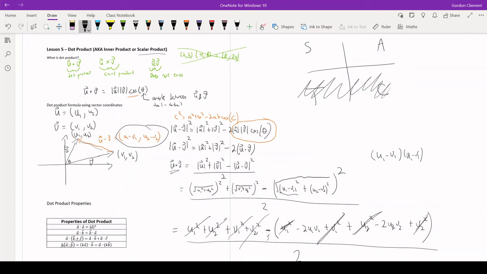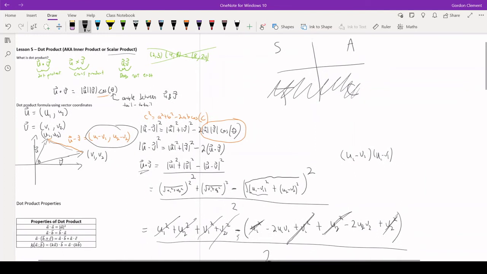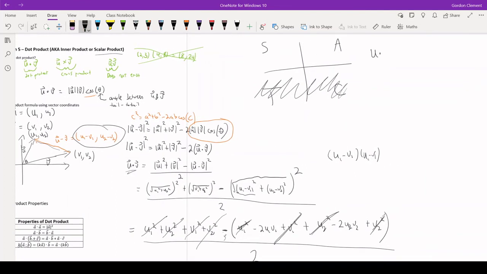So if your dot product's negative, it means the angle's obtuse. If your dot product is positive, it means the angle's acute. So if that's positive, theta is acute. If this is negative, theta is obtuse.